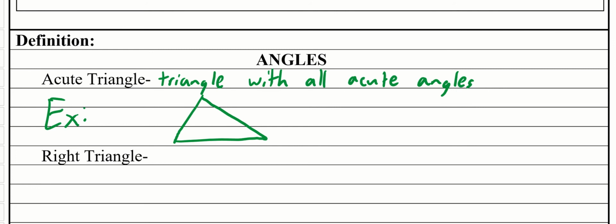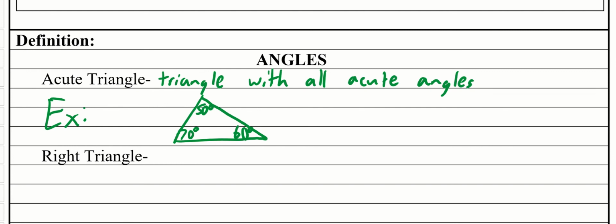So let's say, for instance, this could be 70 here. Let's go with 50, and then we'll go 60 here. Okay, just keeping it simple. If I look at a triangle and I know all the angle measures, or at least know two of them because I can always find the third, if I see all acute angles in there, then that is going to be an acute triangle. All right, simple enough.